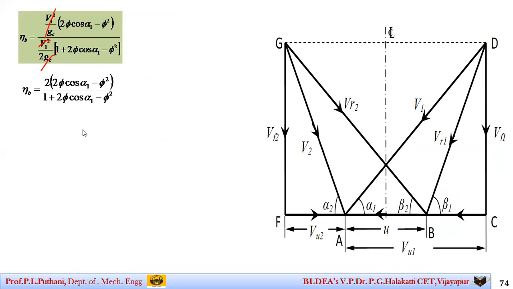Students, one more important thing: the term you are observing in the denominator is 1 plus 2 pi cos alpha 1 minus pi square. In the numerator it is almost there, but only 1 is missing. So inside this bracket, I will add 1 and subtract 1, plus 1 minus 1, which makes no change, so that I get the denominator form.